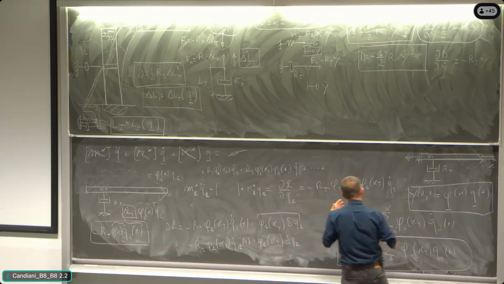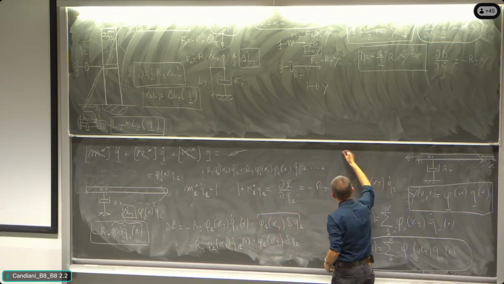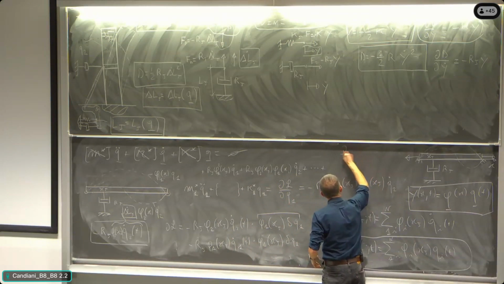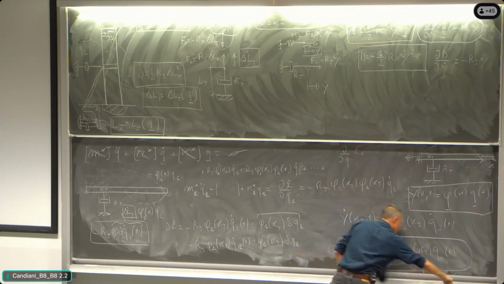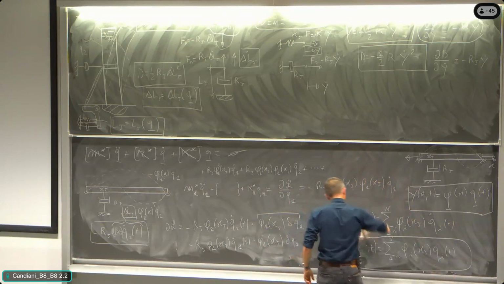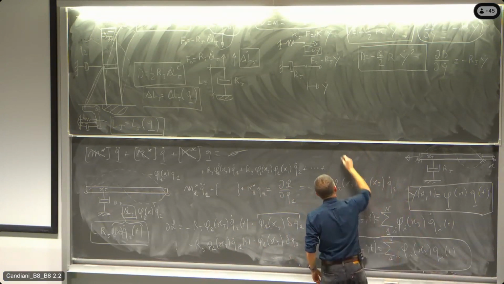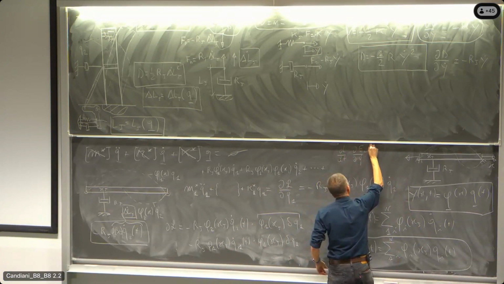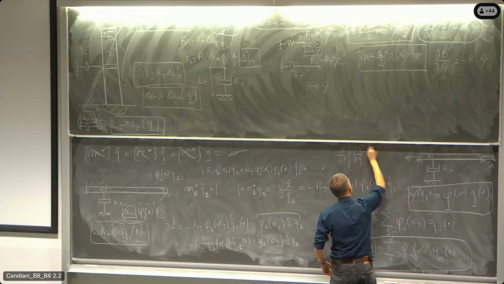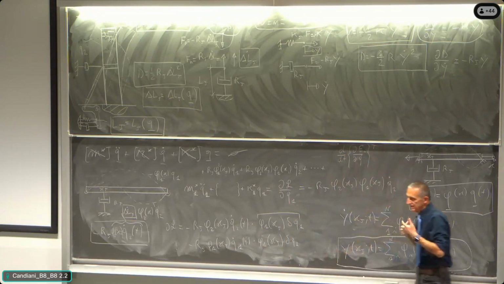When we write the Lagrange equation, derivative with respect to Q dot of the kinetic energy, and then we say transposed. What do we mean?